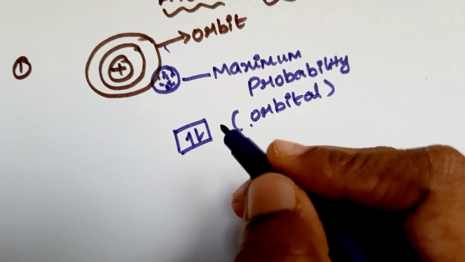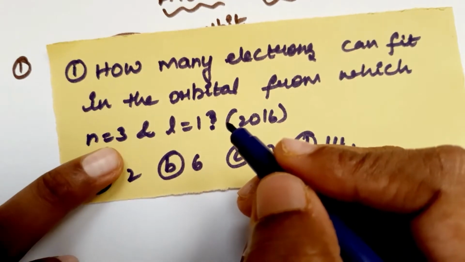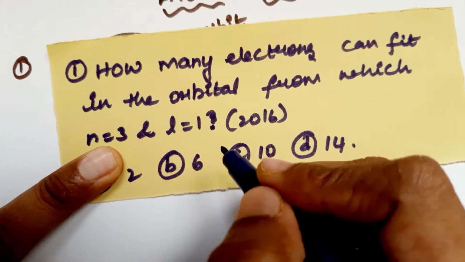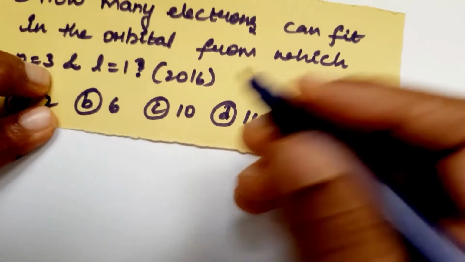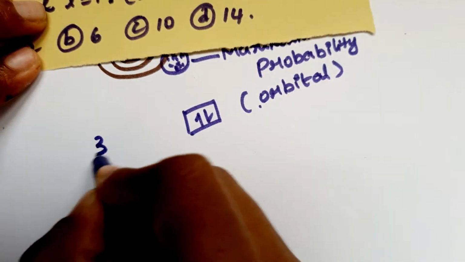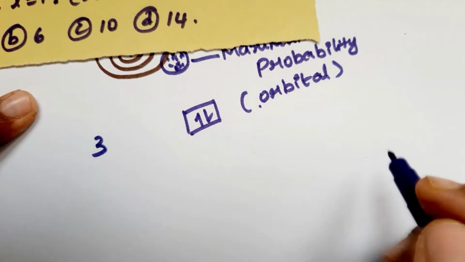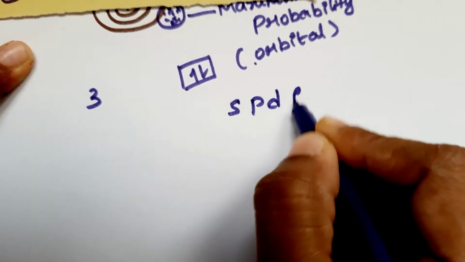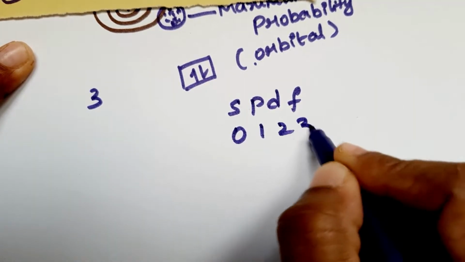Here in the question, what did they ask? n is equal to 3 and l is equal to 1. According to the azimuthal quantum number, we already know the shapes: s, p, d, f, with values 0, 1, 2, 3.